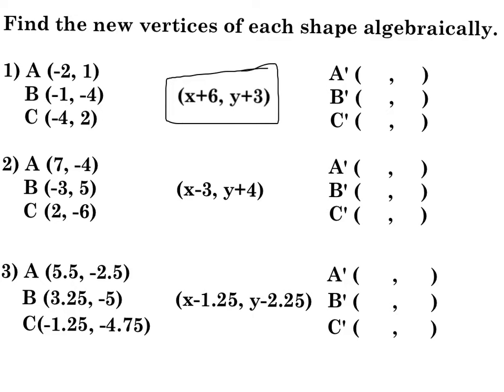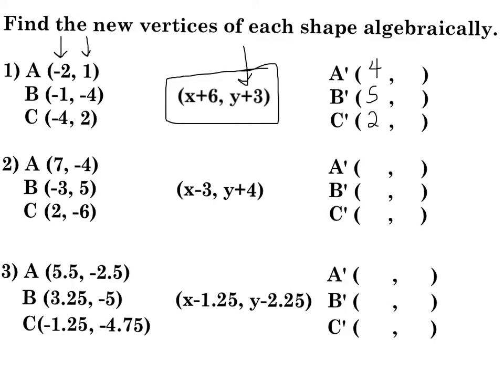So looking at this first one, if we add 6 to all of our x coordinates here on problem number 1, we have -2 plus 6, which would be 4. We have -1 plus 6, which is 5, and -4 plus 6, which is 2. The y coordinates, it says we're going to add 3 to.